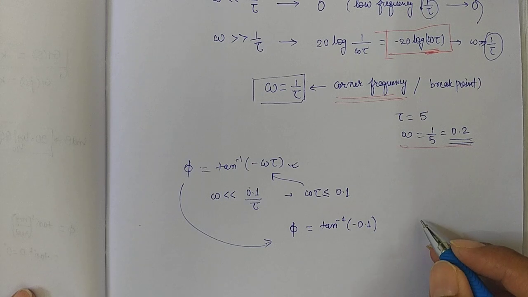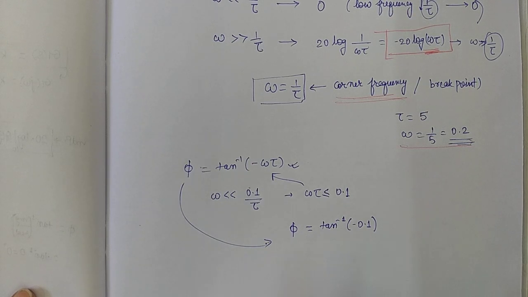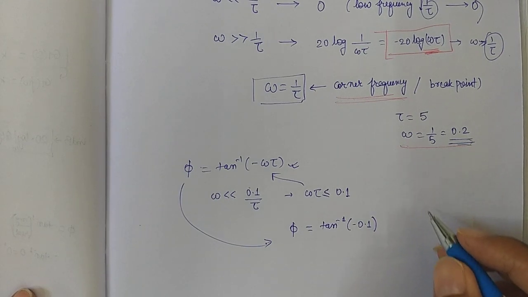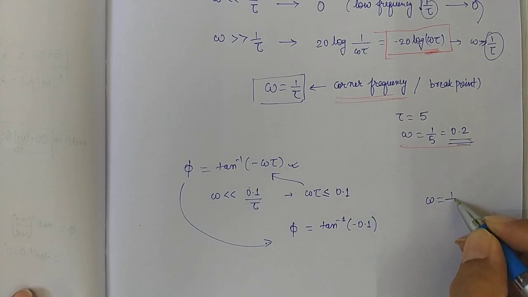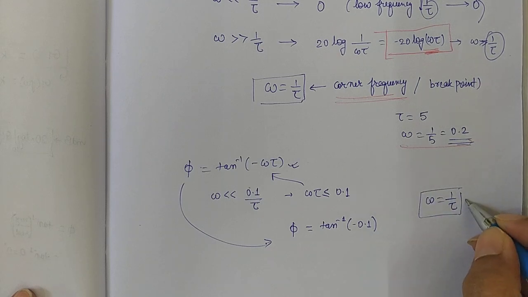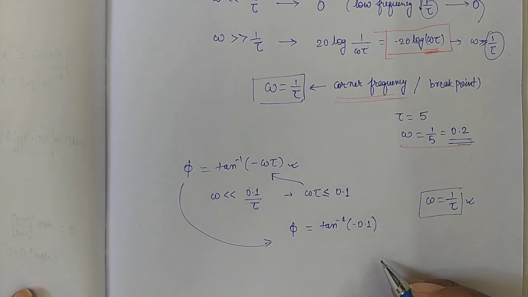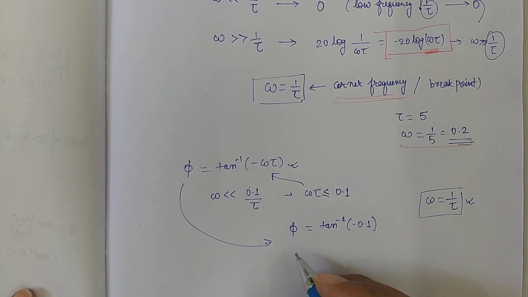So at these values, where things are going to switch? So basically at omega is equal to 1 upon tau, things are going to switch. And let's suppose omega tau is equal to 10. What will happen?